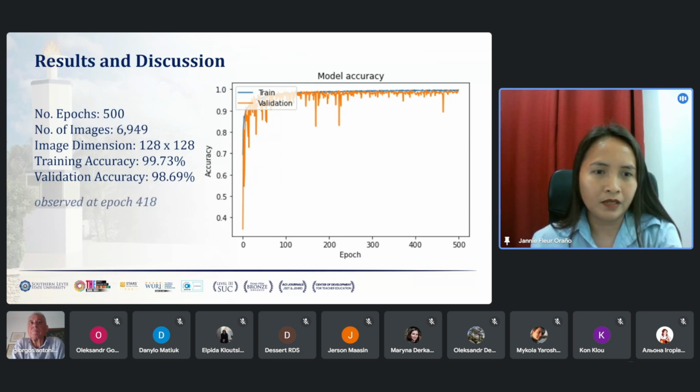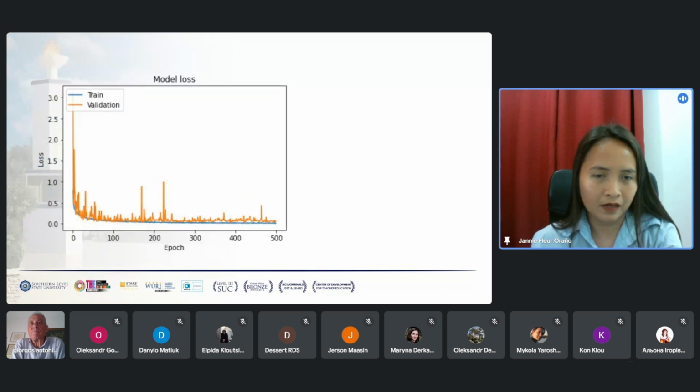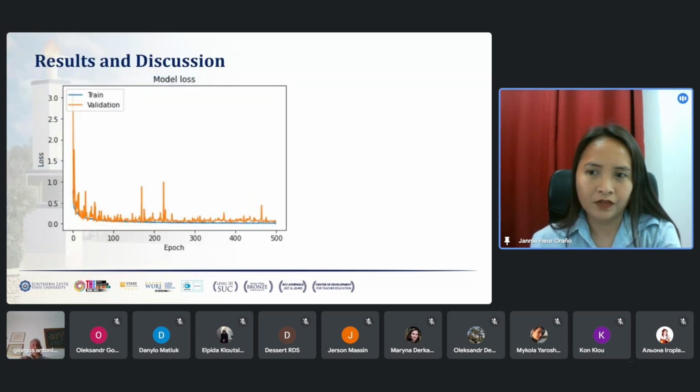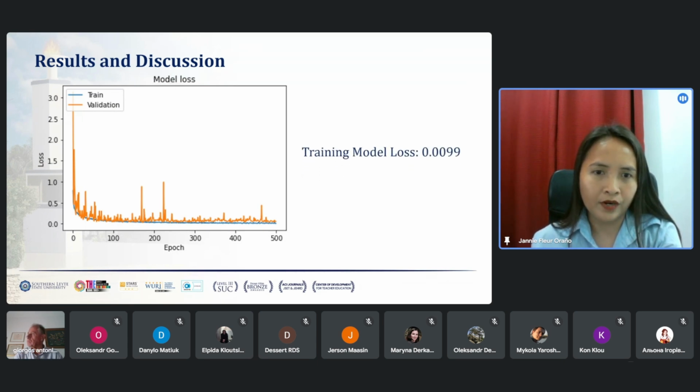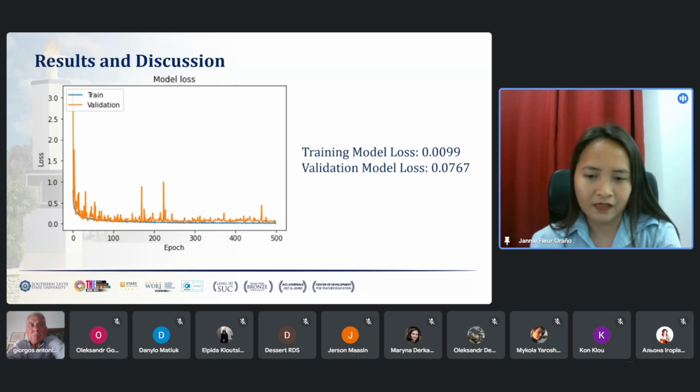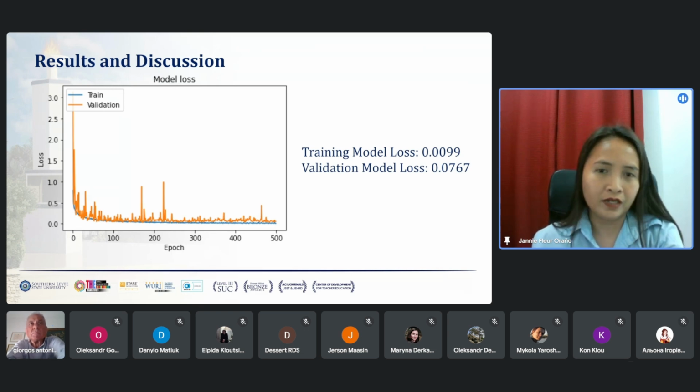The model loss was also plotted, and we achieved a model loss of 0.009 for training and 0.0767 for validation, which are very low loss values, indicating that the model is learning from the data provided during the training process.